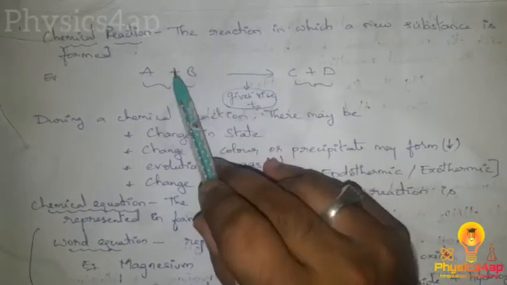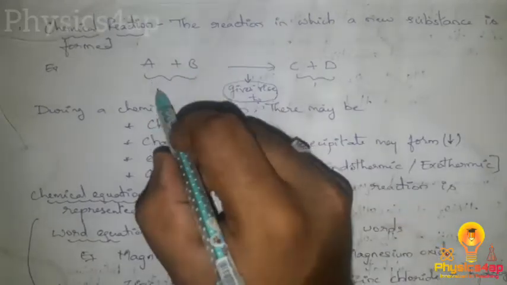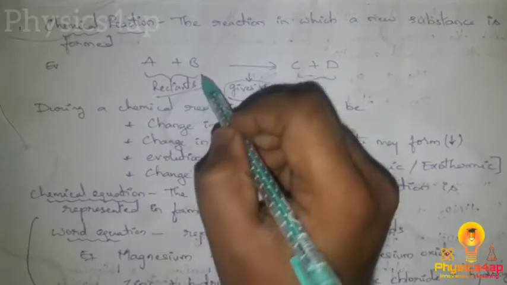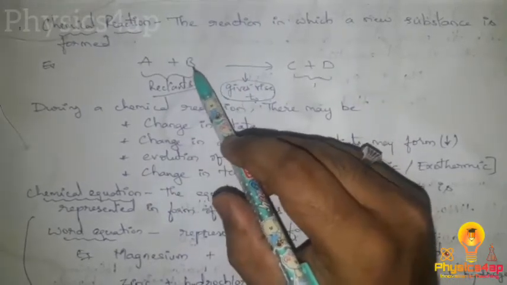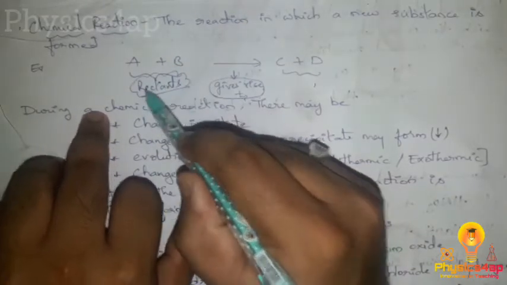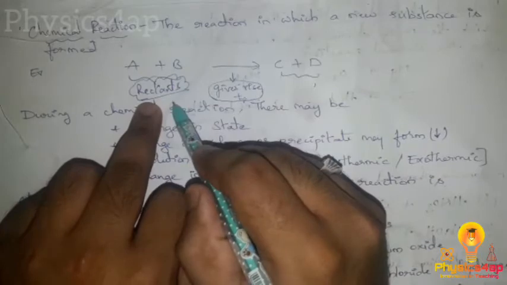To the left side of the arrow, we have A plus B, which are called the reactants. The reactants are the chemicals participating in the chemical reaction.